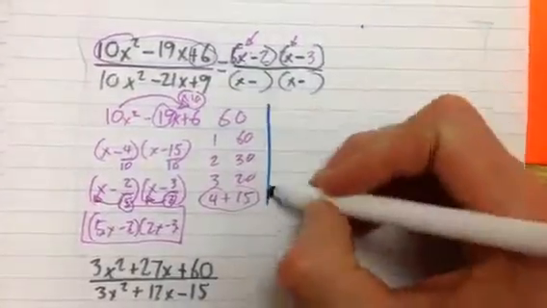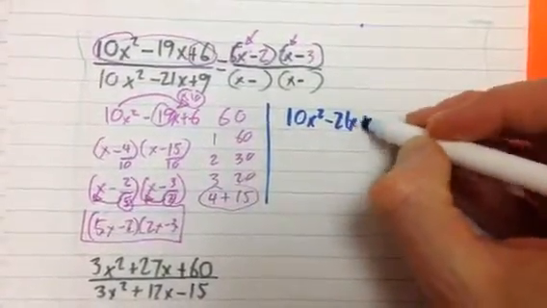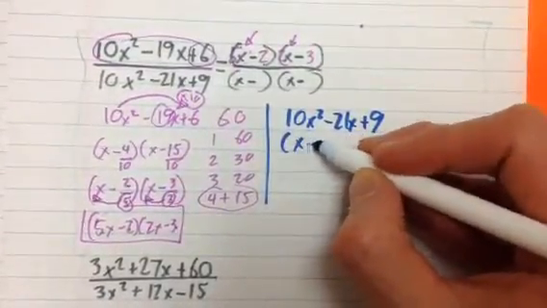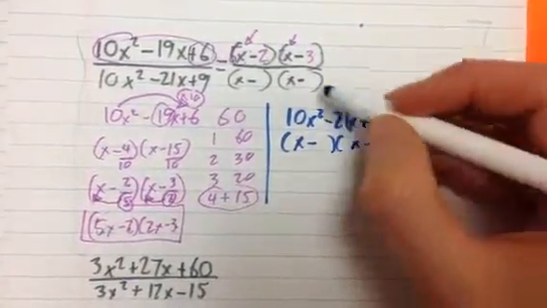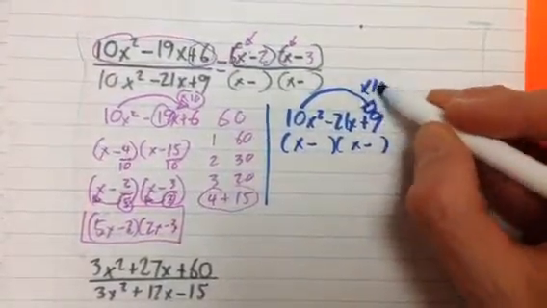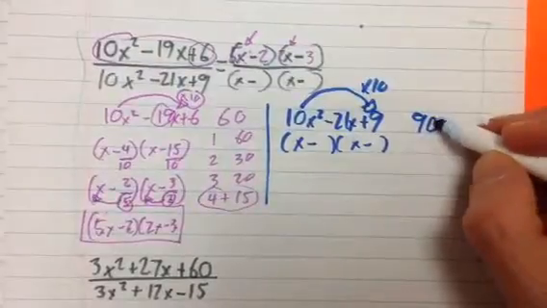Okay, 10x squared minus 21x plus 9. Again, we can even just rewrite it, x minus something times x minus something. Multiply, figure out what we're factoring. 9 times 10 will be 90. Just like 60, 90 has a gazillion factors.